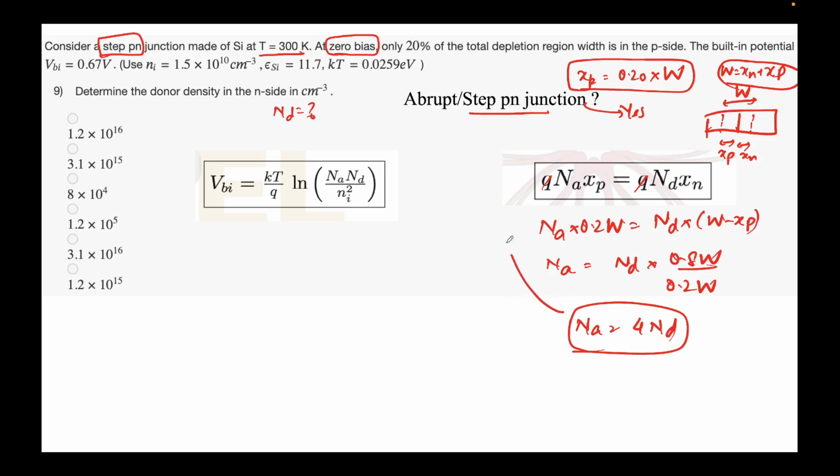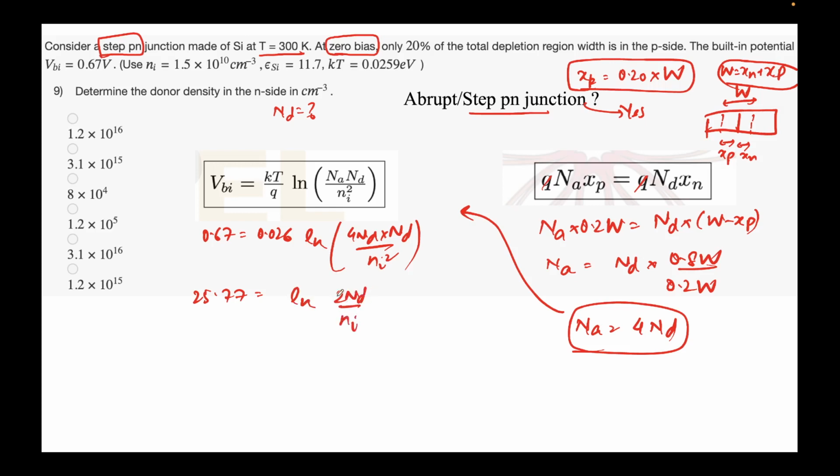Okay, so now let's put this Na over here. Vbi is 0.67, kT/q is 0.026 volts, ln of Na times Nd over ni squared, with Na being 4 times Nd. So from this I get 4 Nd squared over ni squared. Let's first calculate the other term. 0.67 divided by 0.026 is 25.77, equal to ln of 4 Nd squared over ni squared, which is 2 Nd over ni whole squared.